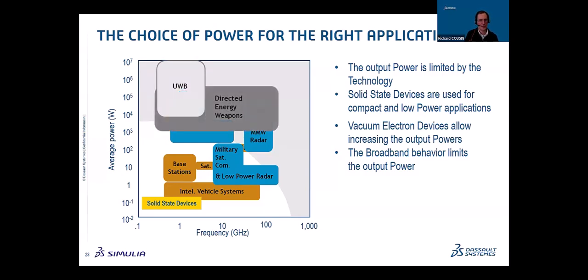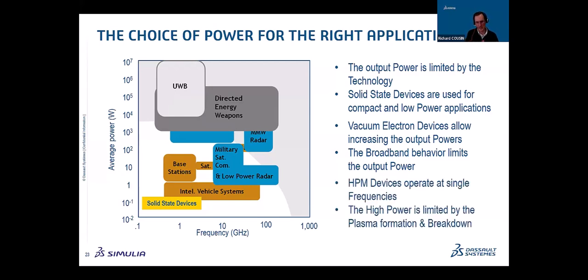So if you would like to increase the power that you would have, for instance, for ultra-wideband antenna or directed energy weapons, so you see that you can really increase the power, then in this case, you can only work at a particular frequency. High-power microwave devices operate at a single frequency, and the high power here is limited by the plasma formation and the breakdown analysis, which also might occur in the device because of the power which is embedded into the structure.